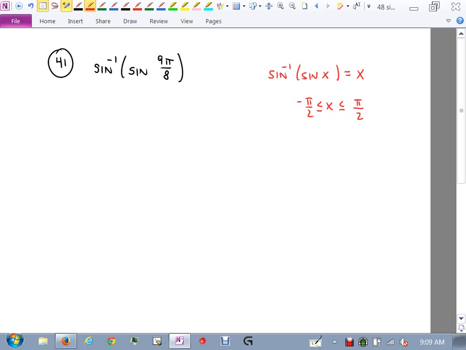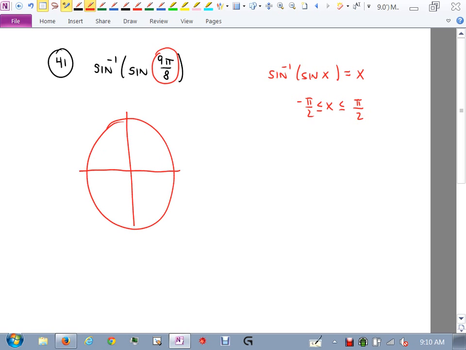Okay, so now I look at this angle and I ask myself, is that within that interval or not? Well, again, you can look at 9 divided by 8. That's bigger than 1, isn't it? So that's actually bigger than pi, which is way past pi over 2. So I'm going to go to a circle. 9 pi over 8.